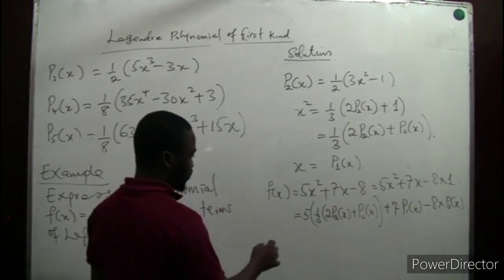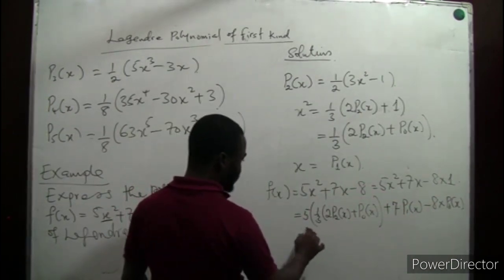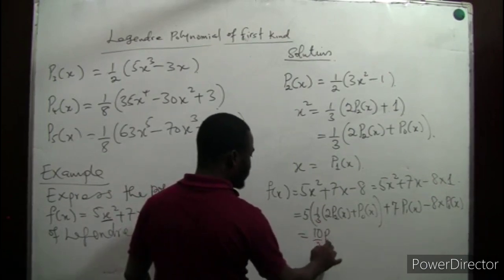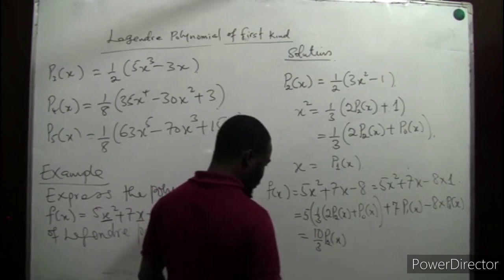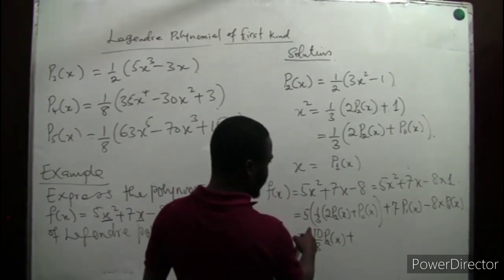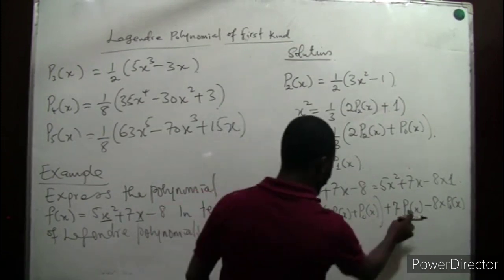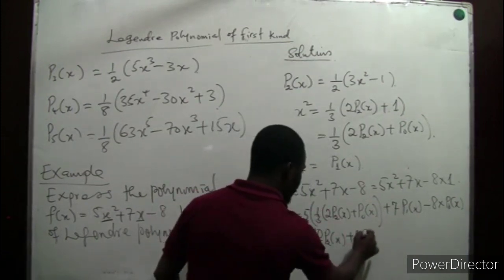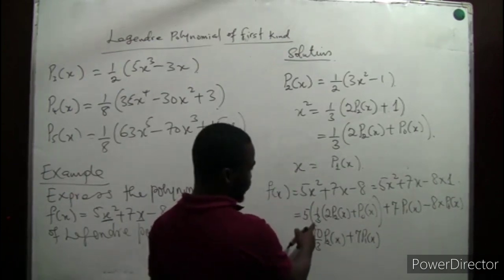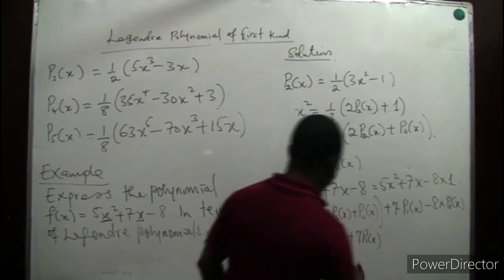Expand the brackets. So we are going to have 5 times 2, 10 divided by 3, p2(x), plus 7 p1(x), then 5 divided by 3 minus 8.